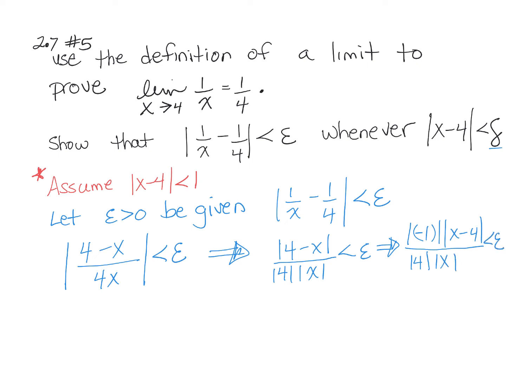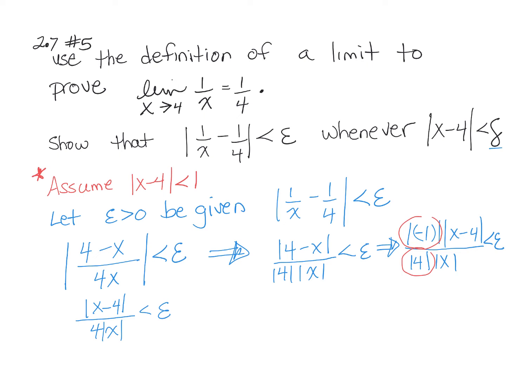So what we're going to do here is take the absolute value of the -1 and the absolute value of 4 and drop those absolute value symbols. So we now have the absolute value of x minus 4 over 4 times the absolute value of x is less than epsilon.